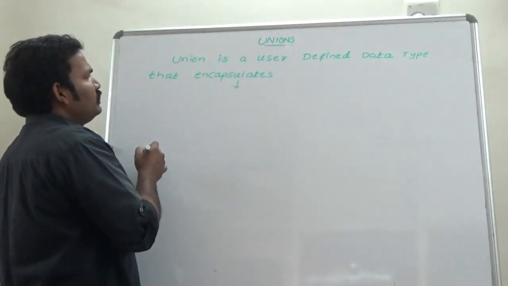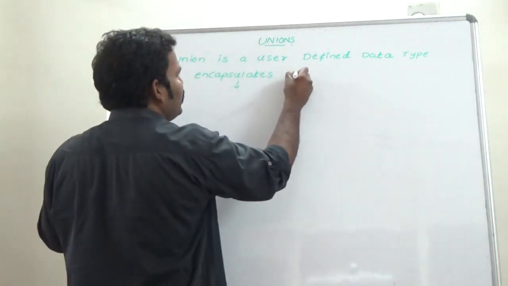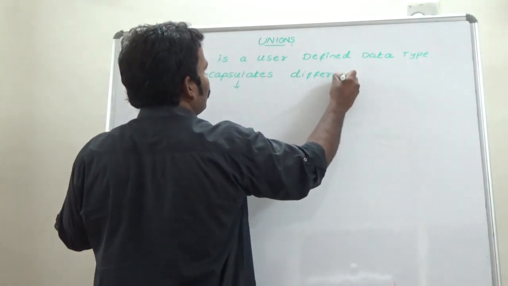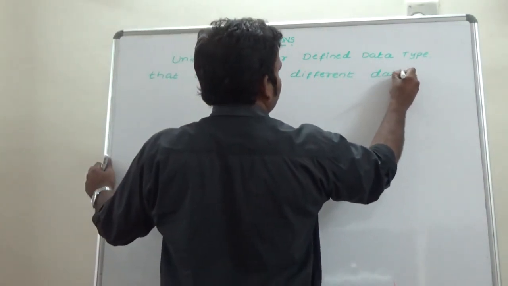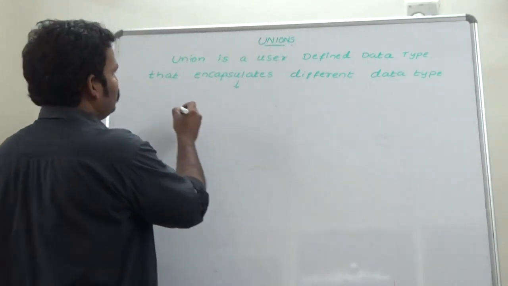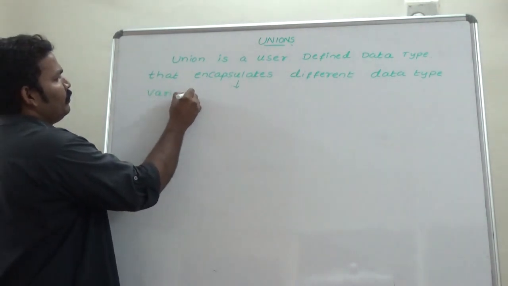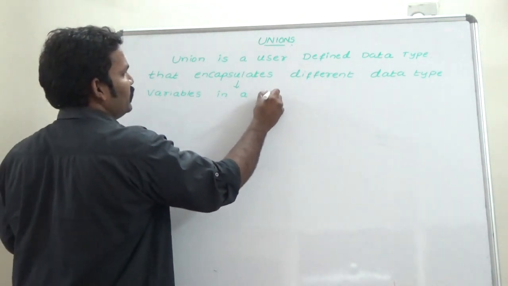So union is a user defined data type that encapsulates different data type variables in a single unit.